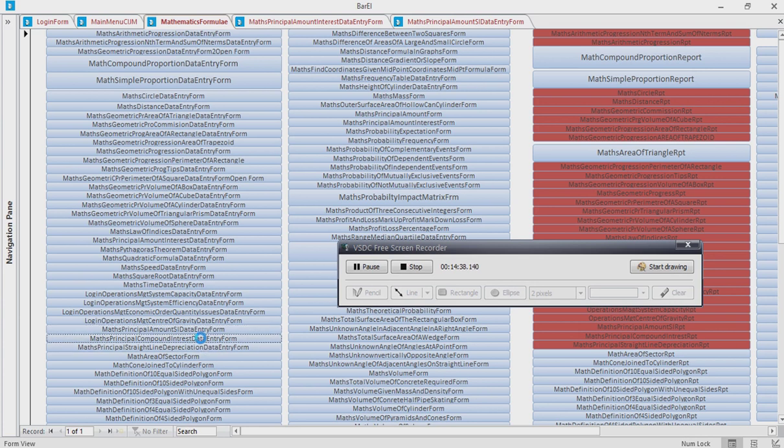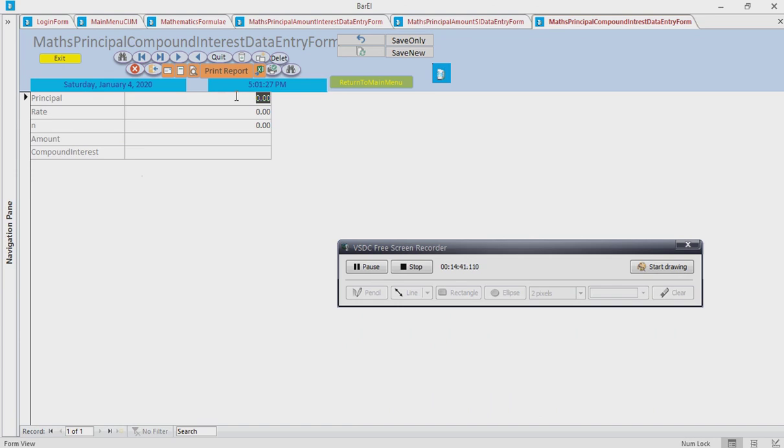Compound interest. If the principal is 10,000 and the rate of interest is 20%, the number of periods is 1, then the compound interest is 2000.